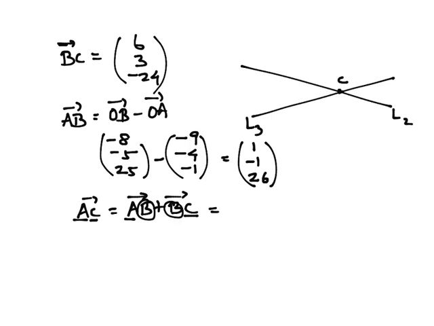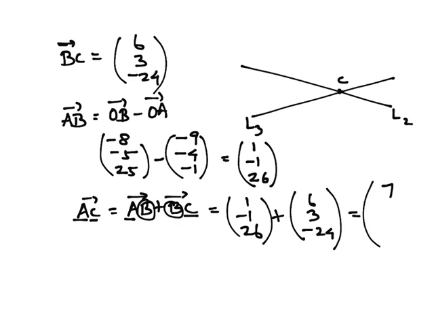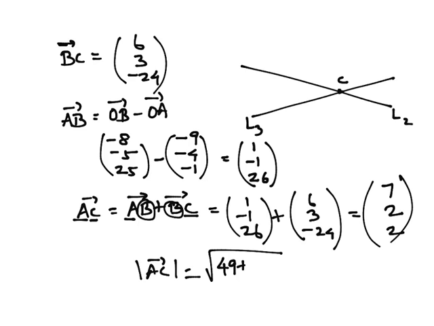So AB is nothing but 1, minus 1, 26 plus BC is already given 6, 3, minus 24. So if you add them, you'll get 7, 2 and 2. So magnitude of AC is nothing but square root of 7 square, which is 49, plus square of 2 plus square of 2. So you'll get square root of 57.